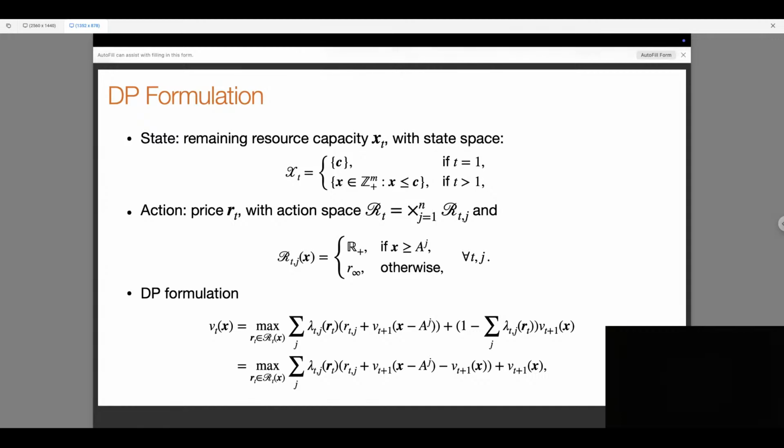And the DP formulation for this problem is denoted by V_t(x). The value to go under the state x is denoted by V_t(x). That is the maximization over the summation across all the products j inside N, with a maximization over the price r_j.